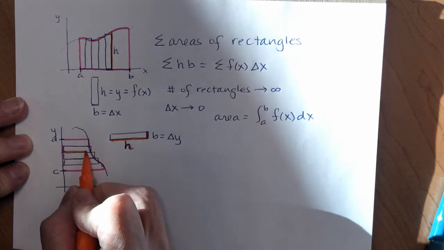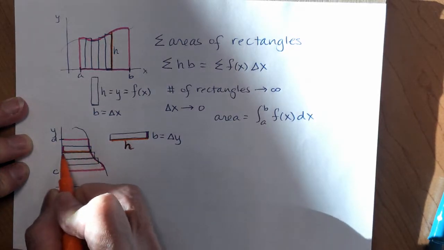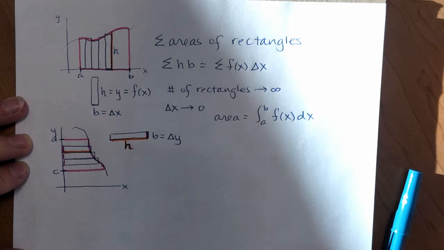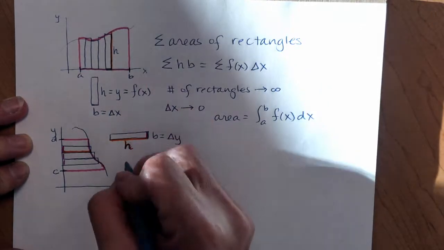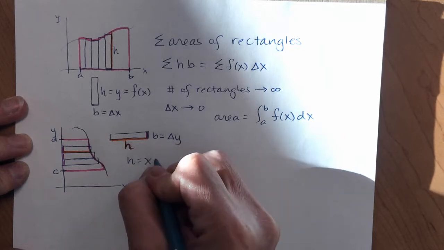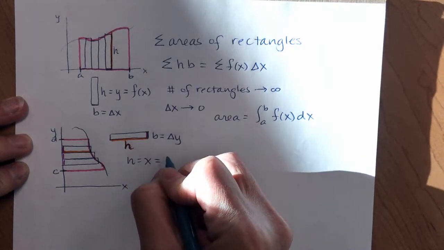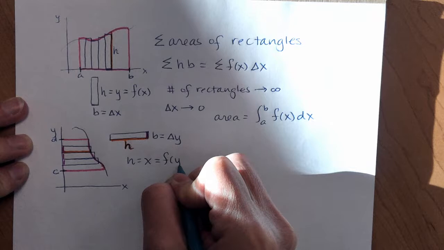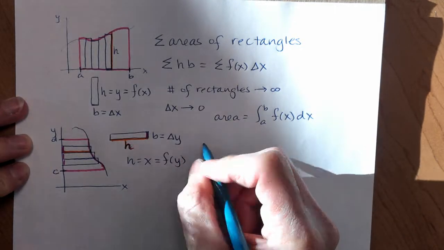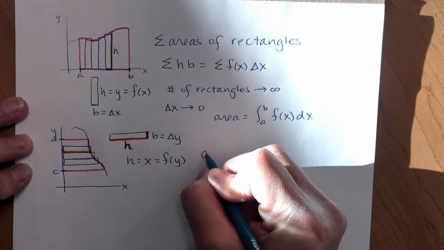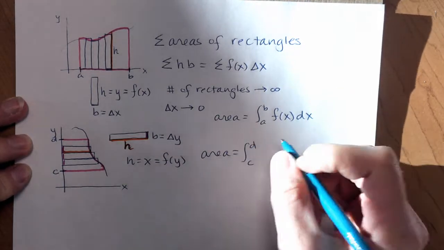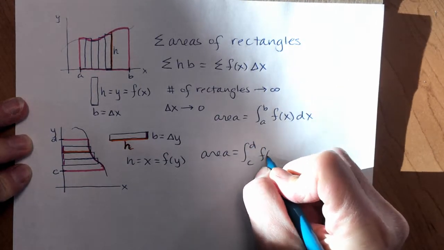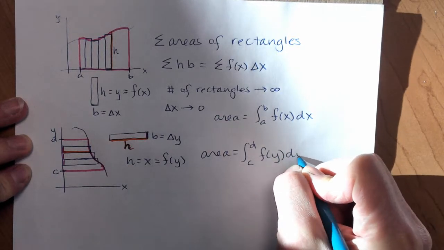But here, this is an x value. Horizontal length is an x value. So my height is x, or we might call that some function of y. In this case, my area is going to be the integral from c to d of f of y dy.